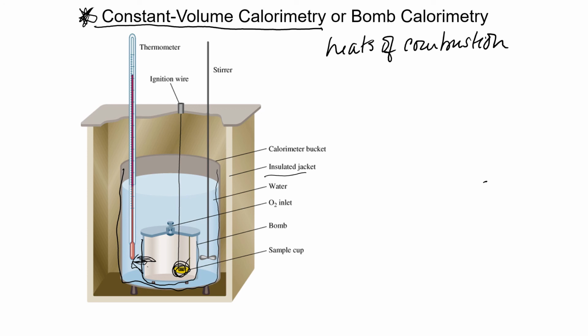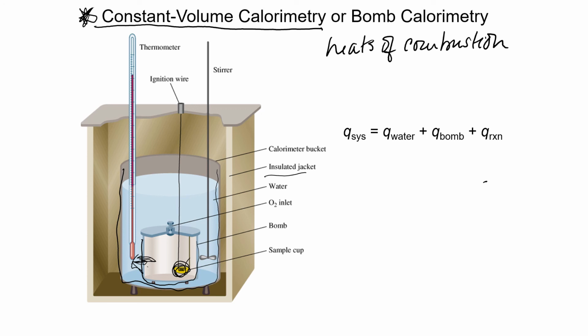And so this is calculated a little differently. Each calorimeter, or the bomb, has its own heat capacity that's unique to that particular bomb calorimeter, and it has to be determined experimentally. But when you calculate Q, I'll give you a shorter version of this in a minute.